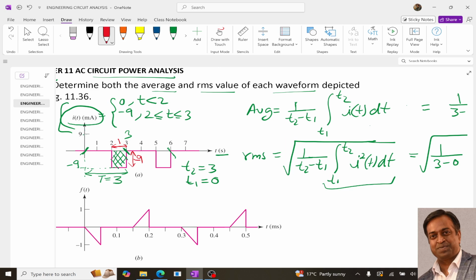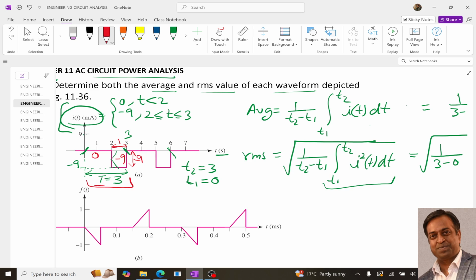Now this area will be 1 into 9, it will be minus 9, right? And the total area over here in this time period of 3 is minus 9, because over here the area is 0. So 0 plus minus 9, total area is minus 9.